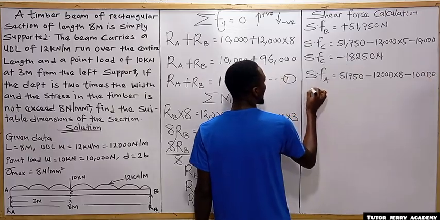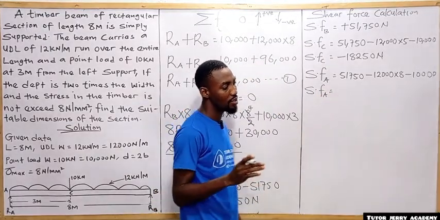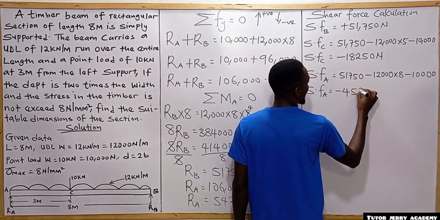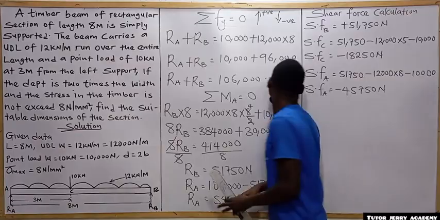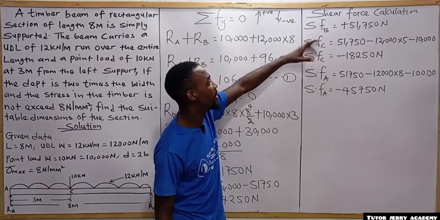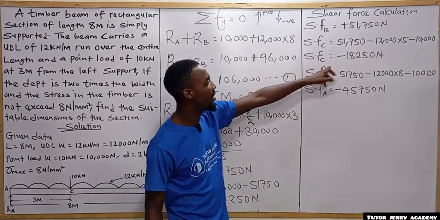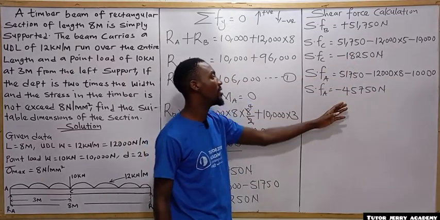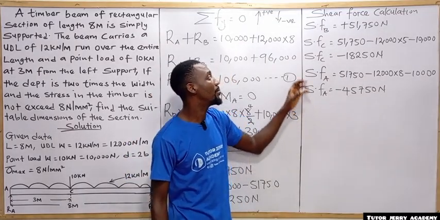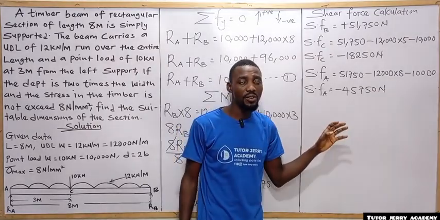If you do your math on your calculator, you are going to have minus 45,750. So if you look at this calculation for our shear force, at point B it is positive 51,750, at C it is negative 18,250, and at A negative 45,750. So it means that between sections B and C, our shear force is changing in sign.